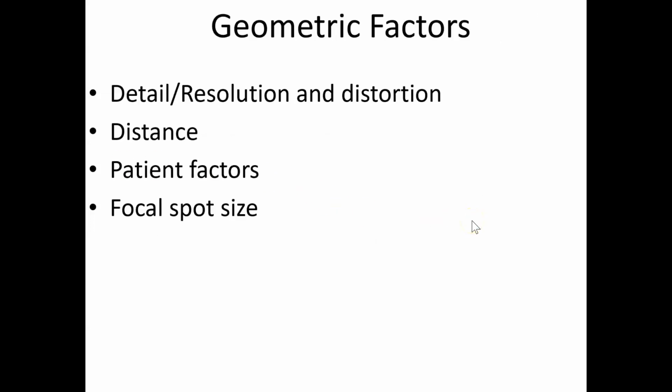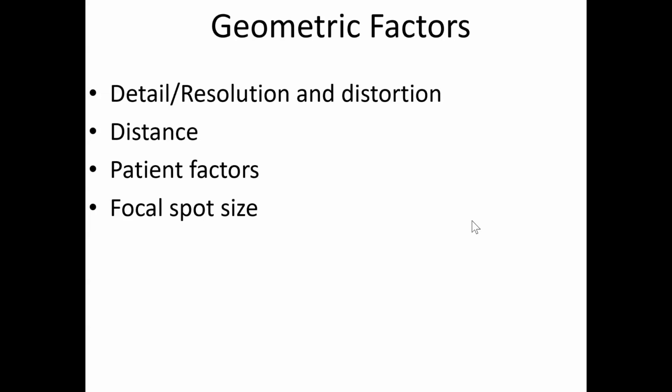So looking at geometric factors, what is that? That is detail, and other words for detail: resolution, spatial resolution. And we also know that there's a term distortion specifically for elongation and foreshortening, which is shape distortion, and magnification, which is size distortion.